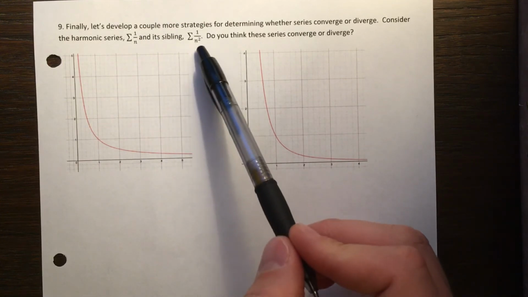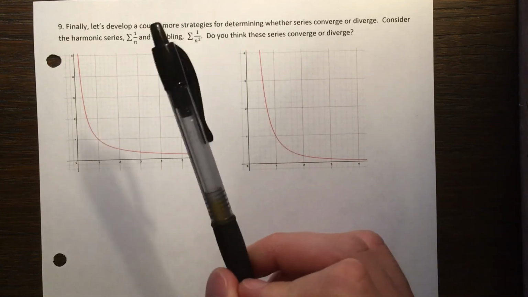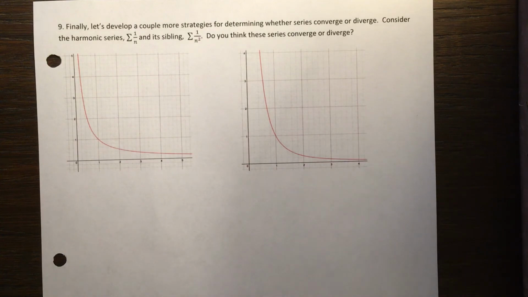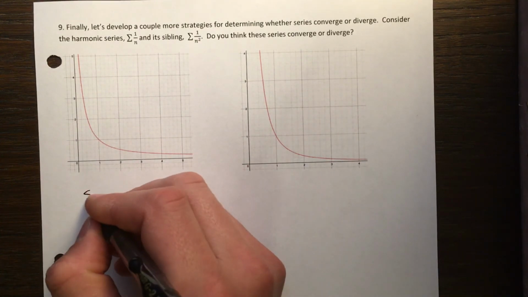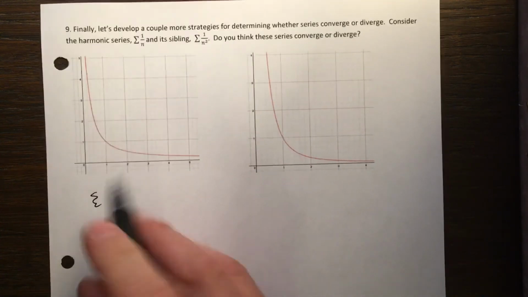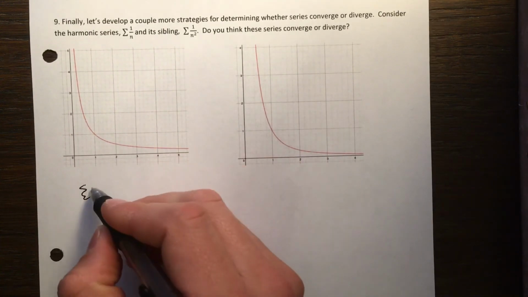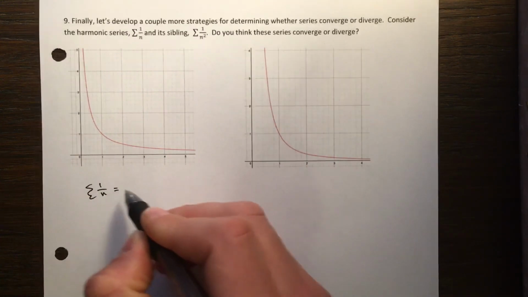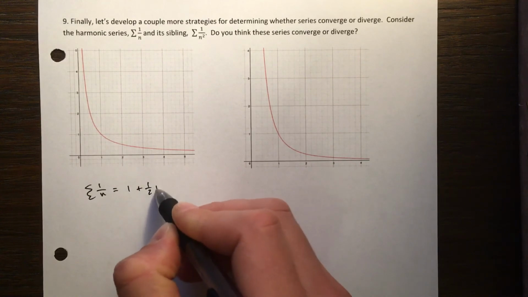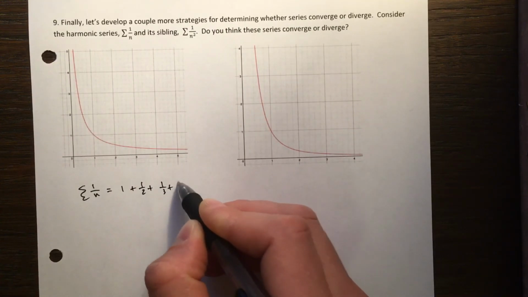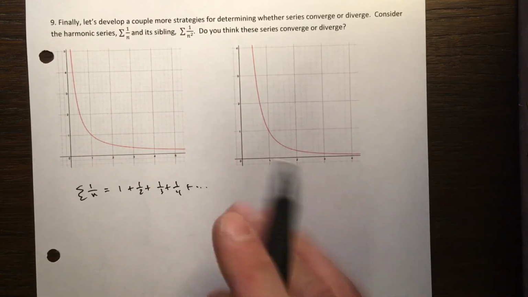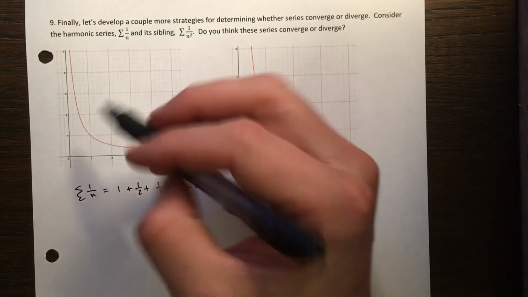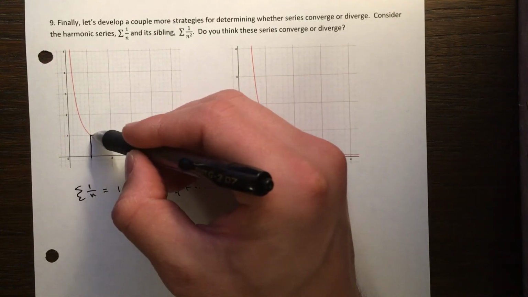And then its sibling, 1 over n squared. So do we think these things converge or diverge? So this sum right here, the sum of 1 over n, is equal to 1 plus 1/2 plus 1/3 plus 1/4 plus dot dot dot. Now let's draw that geometrically. 1 looks like that.